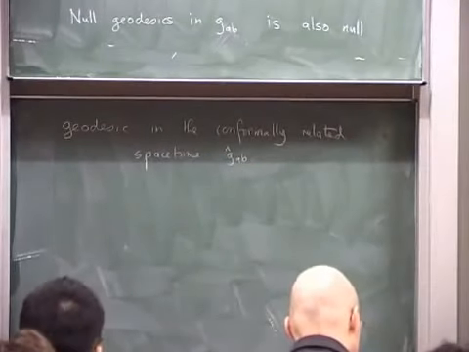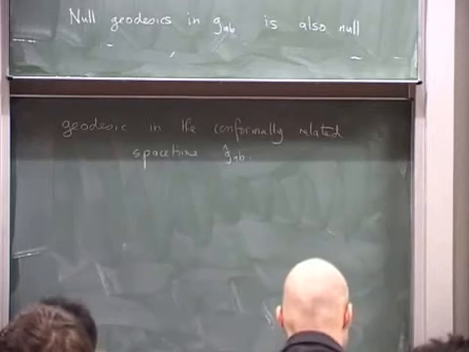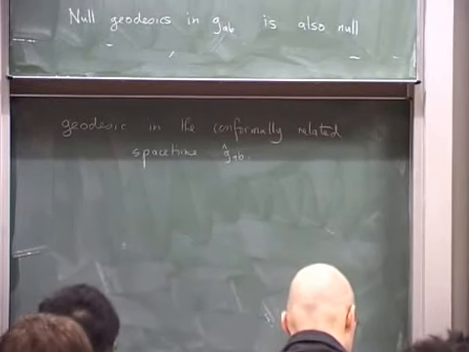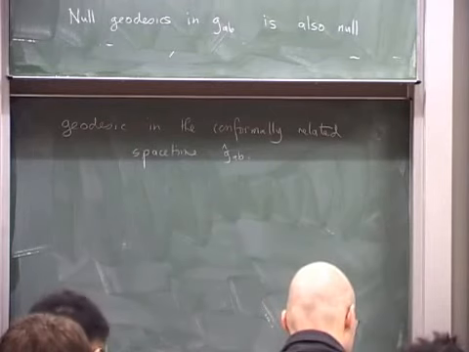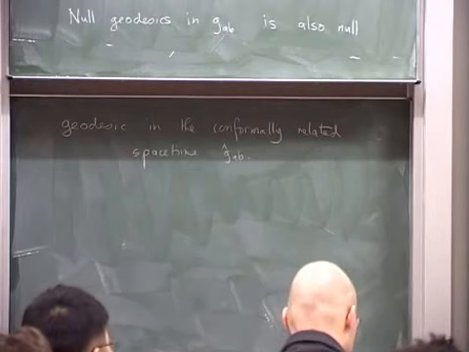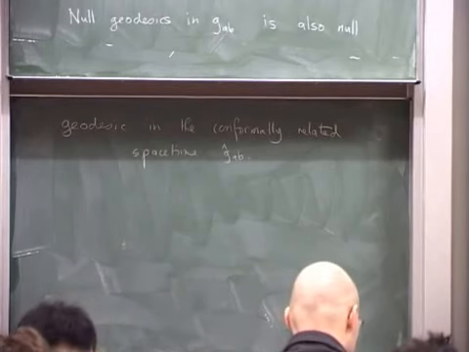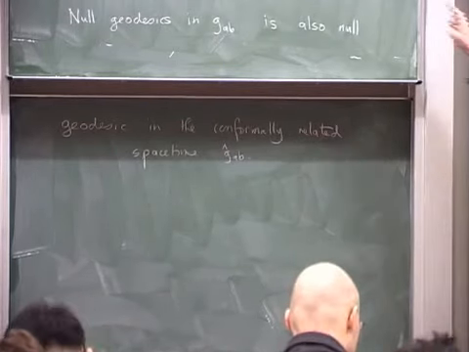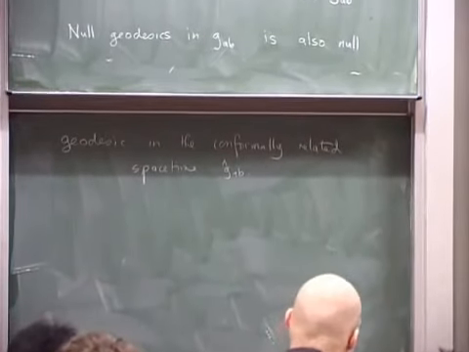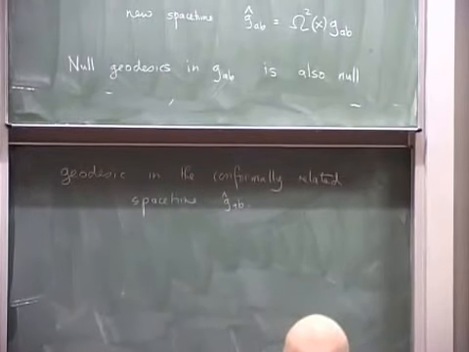So the first question that I need to ask you is, do you know how to prove that? Has it been done? One, two nodding people, I think. So the answer is that you know that fact. So a consequence of this is that under this transformation, you will not change the causal structure of the space-time. It will remain the same.